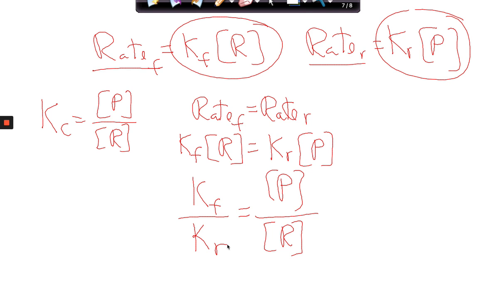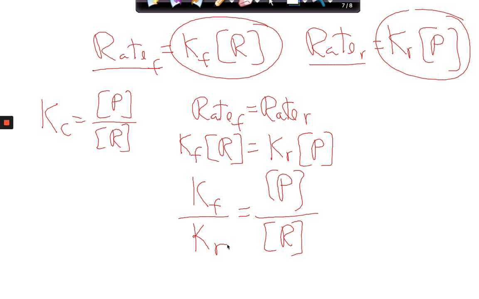You'll notice at the top of page 613, we have a simple equilibrium process where dinitrogen tetroxide turns into nitrogen dioxide, 2 of them, and that's reversible. You'll notice down below, they write the rate laws for the forward and reverse reactions. And then assuming that these processes come to equilibrium, they establish the same relationships that we have on the board.